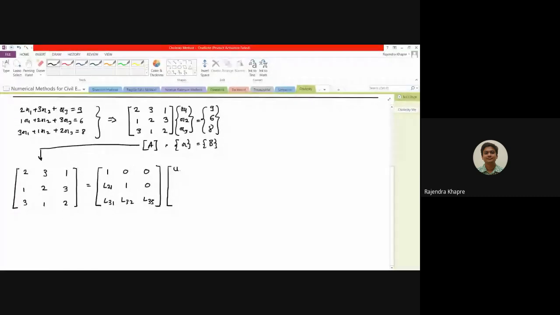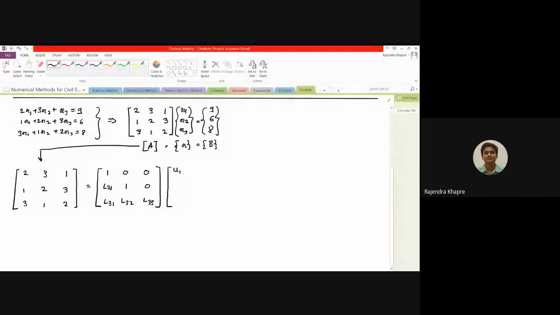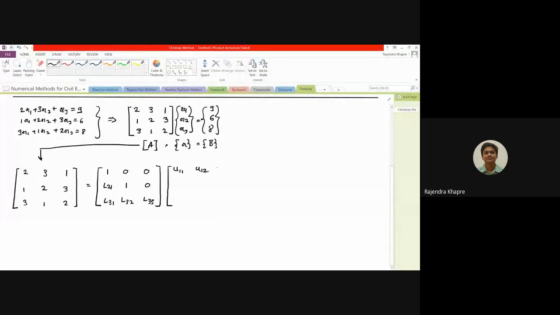Okay, so this we have just now seen. This is upper matrix, so first row first column, u11, 2. Yeah, right. Correct. This should be 1. Fine. So this will be 1 and 3. This will be 0.